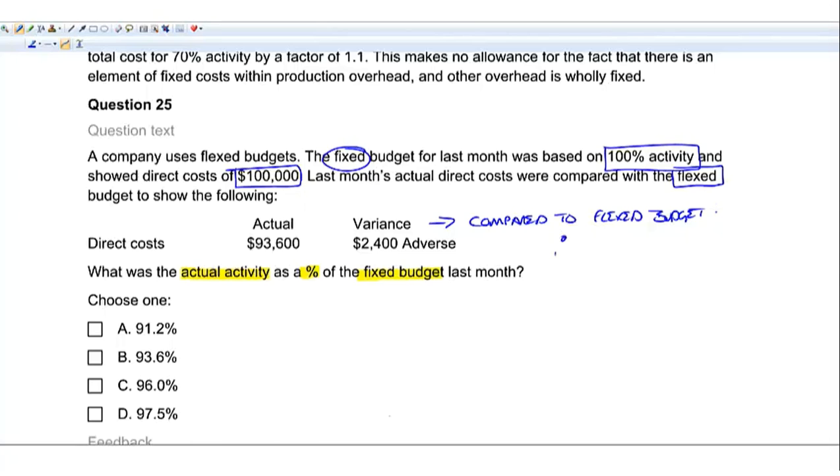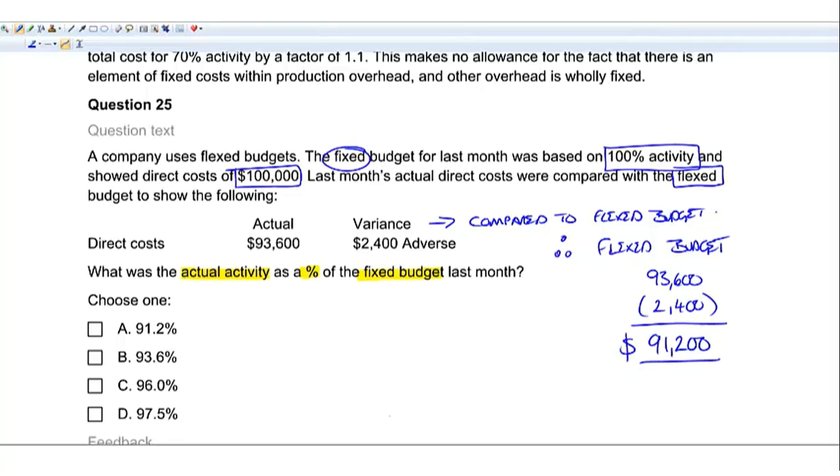So we can therefore say that our flexed budget must be equal to the 93,600 actual costs less the adverse variance of 2,400.